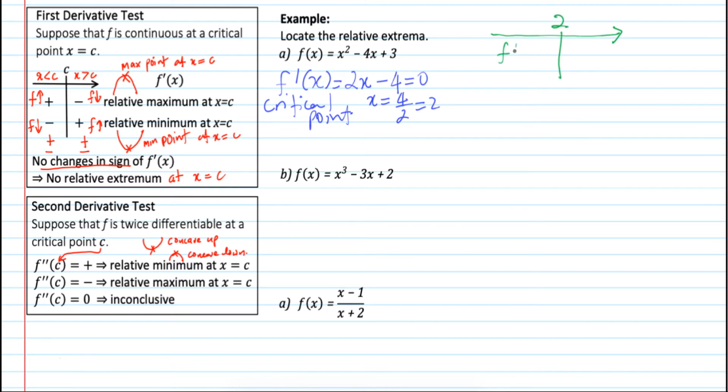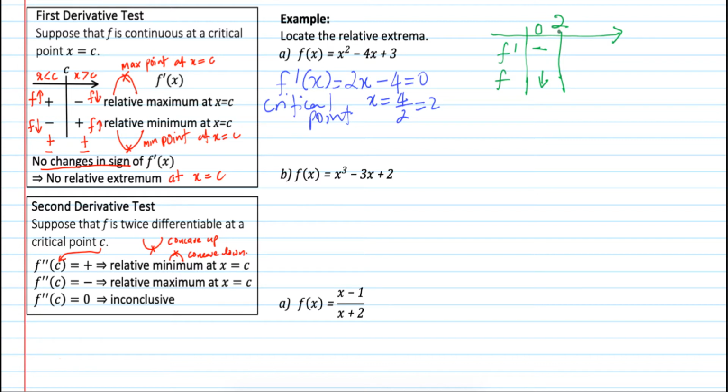So this is your f prime. This is your f. Check for a number less than 2, for example 0. F prime, substitute into x, you get 0 minus 4. So this is negative. It means that f is decreasing.